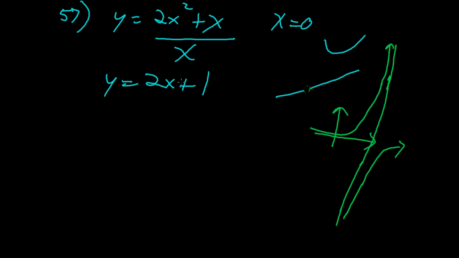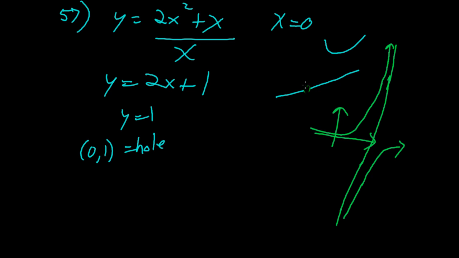So now when we plug in 0, we get 1. So when x equals 0, there's a hole at y equals 1 because we can still plug in the variable, which means there's a hole. If we couldn't plug in a variable, that means there's a vertical asymptote. So at the point (0, 1), there is a hole.